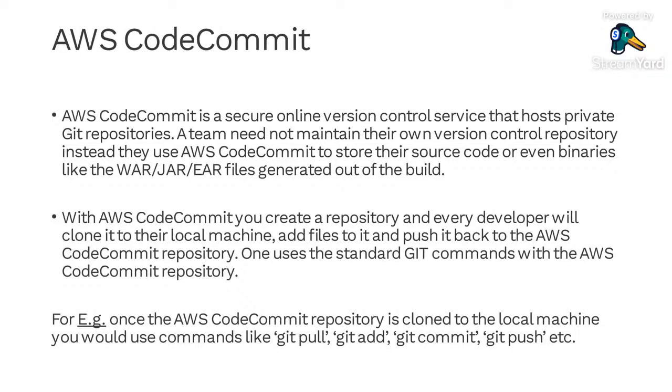So these are the CodeCommit features by which we can easily manage and maintain our code in the CodeCommit repository. And it uses all the standard Git commands, as I said, and we can perform all the Git command activities here also.